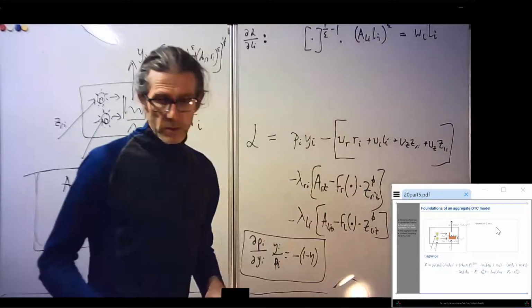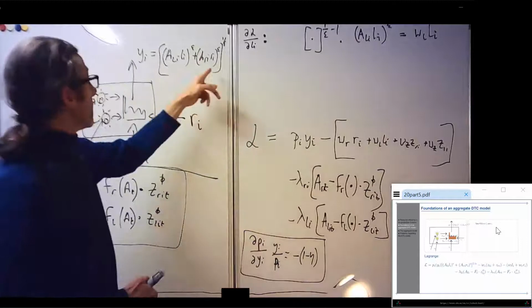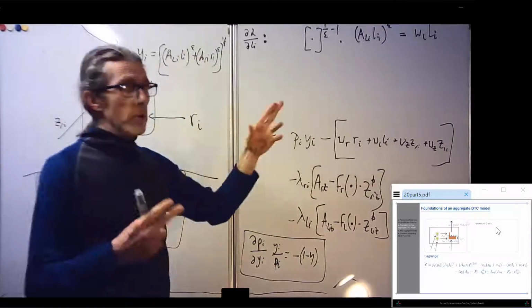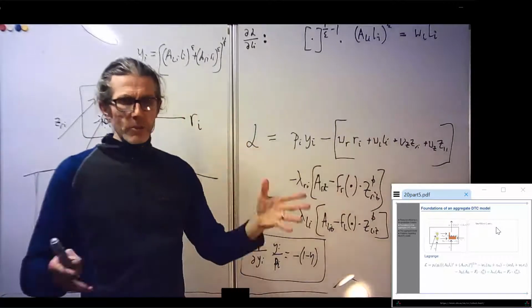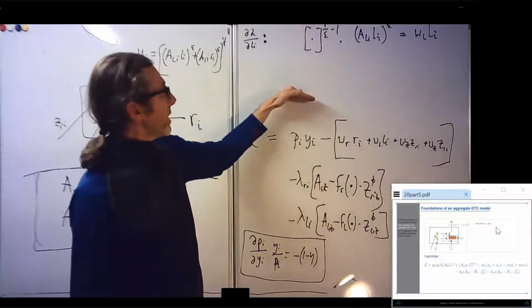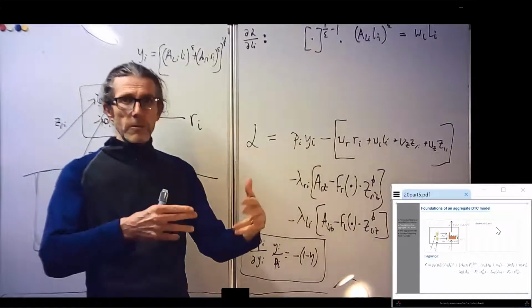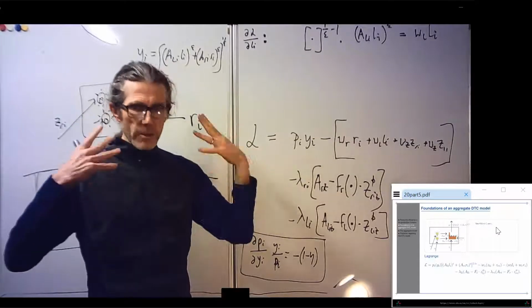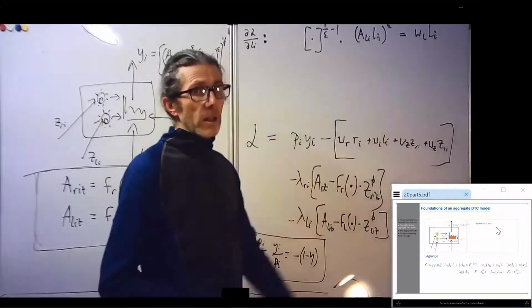The thing is, you're going to be doing this kind of differentiation a lot. Once you get used to it, you can just write this down. But don't just write it down unless you're confident. If you're not confident, do it in several steps. If you do it in several steps a few times, you'll start to see the patterns in your head and you'll just be able to write it down.